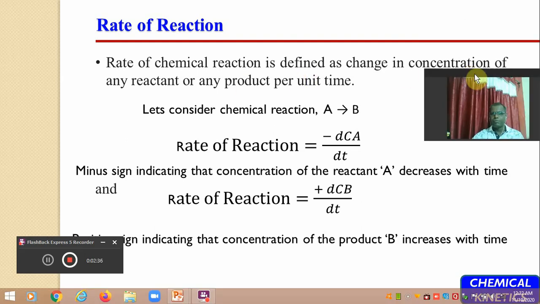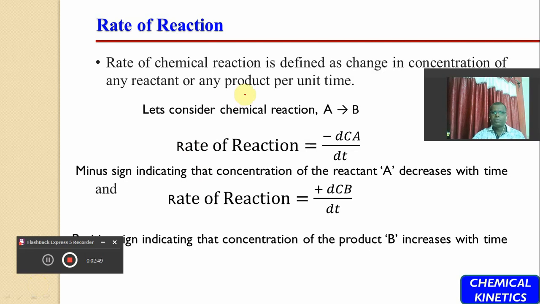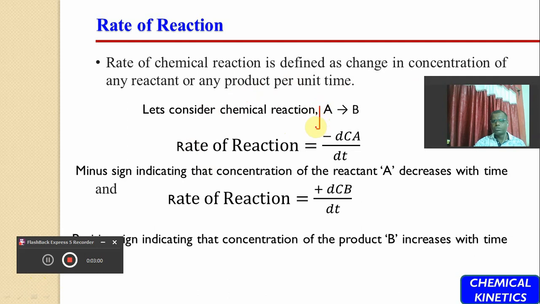According to the definition, the rate of reaction is the change in concentration of any reactant or the product in unit time, because we know that as the reaction proceeds, the concentration of reactant decreases while the concentration of the product increases with increasing time.